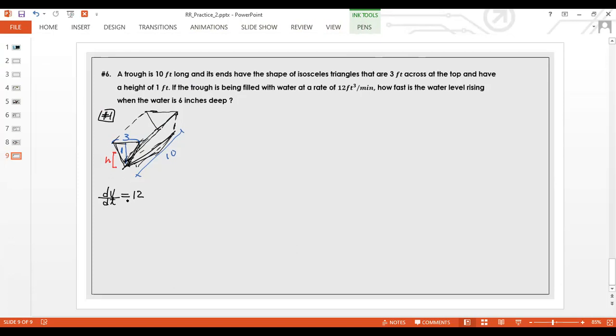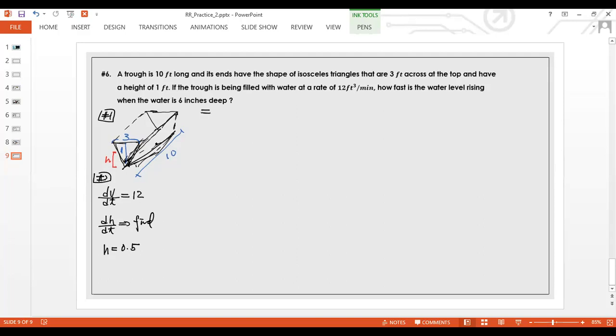And what I want to find is dH/dt, when the water is 6 inches deep. So 6 inches is 0.5 feet. Okay, so all the others are constants. Good.